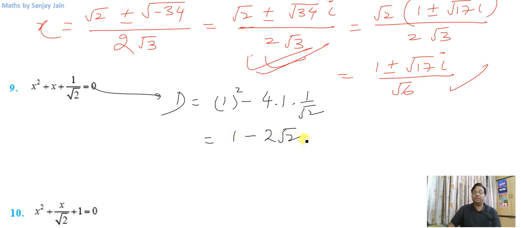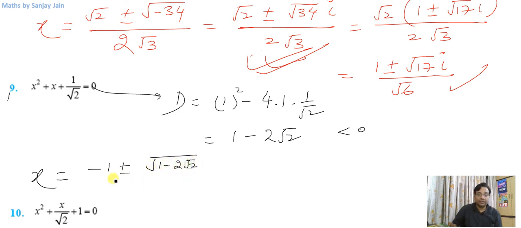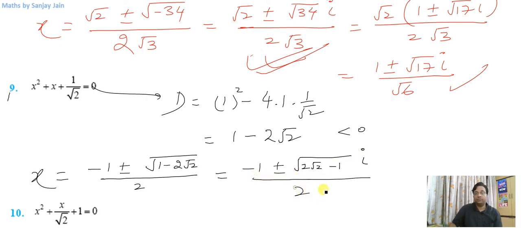So this is 1 minus 2 root 2, which is less than 0, right? So how I write the solutions in this case is x equal to minus b plus minus square root of this discriminant by 2a, that is 2. So in iota form I'll write it as minus 1 plus minus, inside the bracket I'll change the sign, 2 root 2 minus 1 and write iota outside, divided by 2.